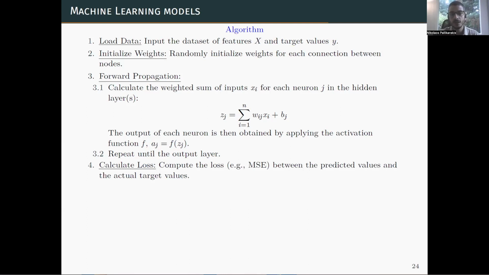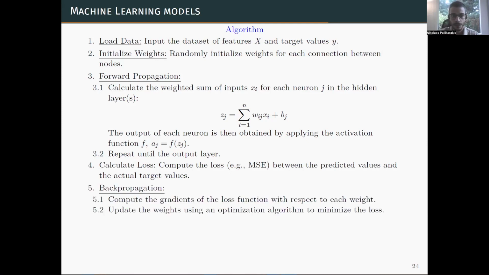Then we're still in the first iteration. We calculate the loss, which is the mean square error between the first output we have and the ground truth actual y values. Then we go to a procedure called back propagation, the target of which is to update the weights in order to minimize the loss.